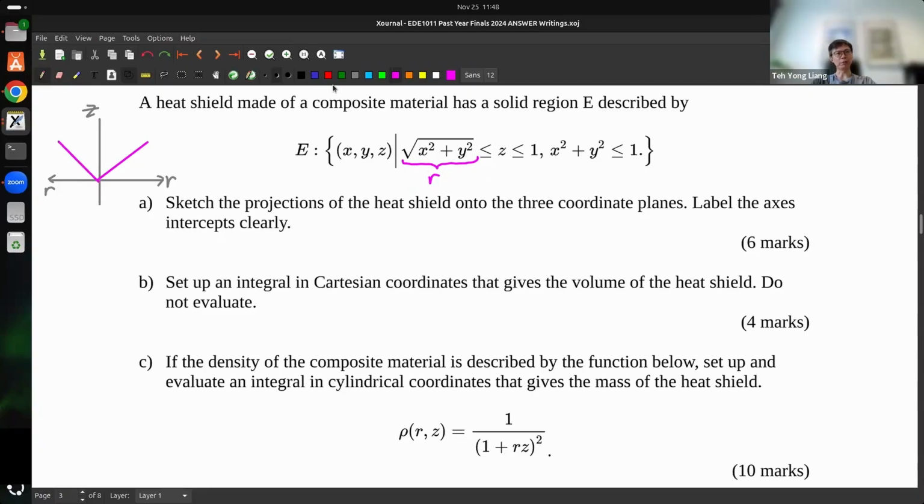Then the upper bound must be z equals 1. Maybe this is 1, and then you just have an upper bound. So this is showing you a cone, because this is just a vertical slice of the cone. If you look at the cone in 3D, you see it looking something like that.